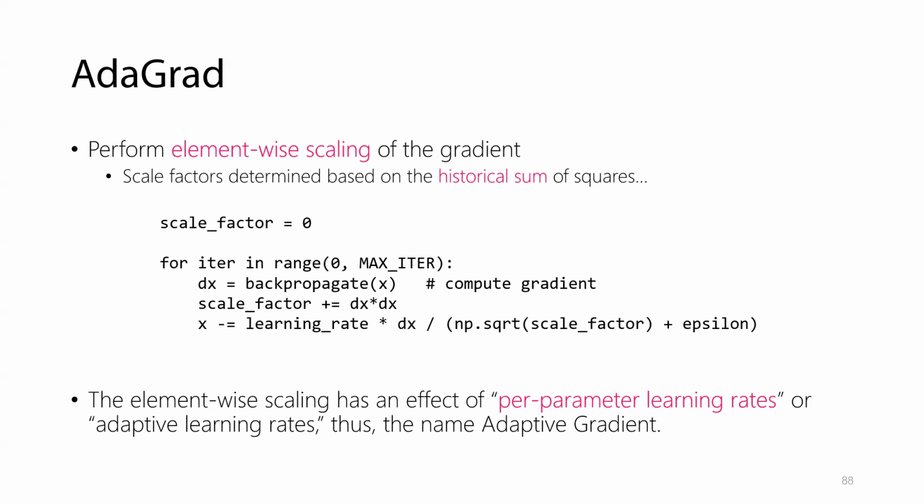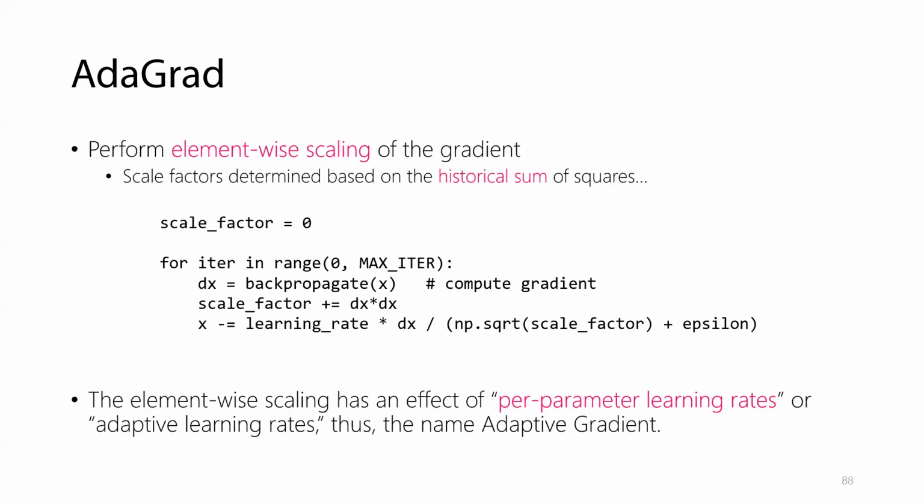Now, here's another branch of methods called the adaptive gradient. Instead of developing a momentum, a velocity, now we're steering the direction of the gradient. So we're adjusting the direction of the gradient, is what the adaptive gradient descent method is all about. And for that, we introduce a scaling factor, which scales the individual components of the gradient.